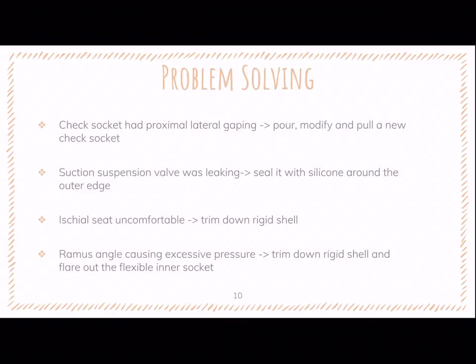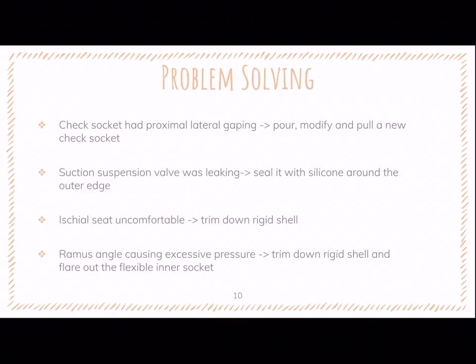During the follow-up appointment after the finished prosthetic was delivered, there were a few areas of discomfort, including the ischial seat. So this was taken care of by trimming down the rigid shell, which wouldn't compromise stability or suspension, but would definitely increase comfort. And the ramus was also causing excessive upper pressure.